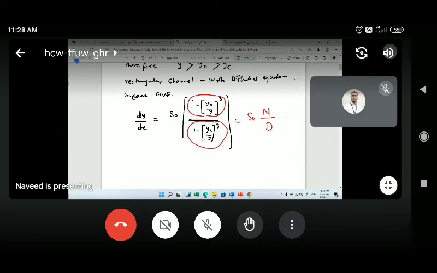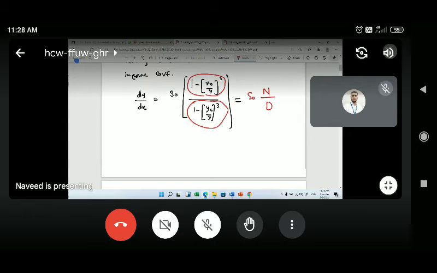For simplicity, I am writing N as the numerator value, that is 1 minus yn upon y to the power 3, and D as the denominator value, that is 1 minus yc upon y to the power 3.